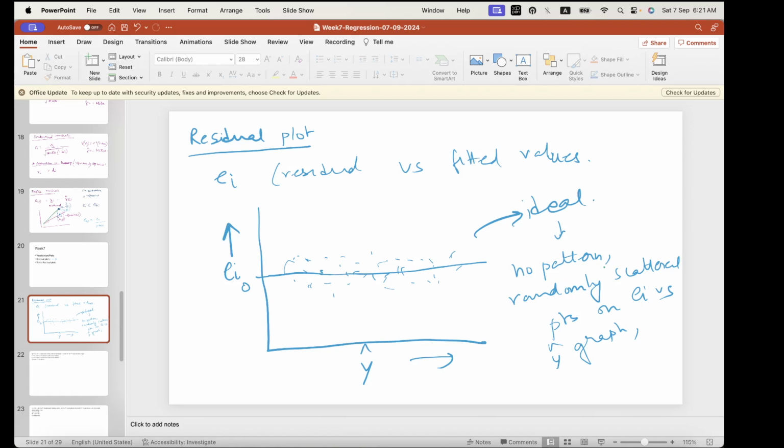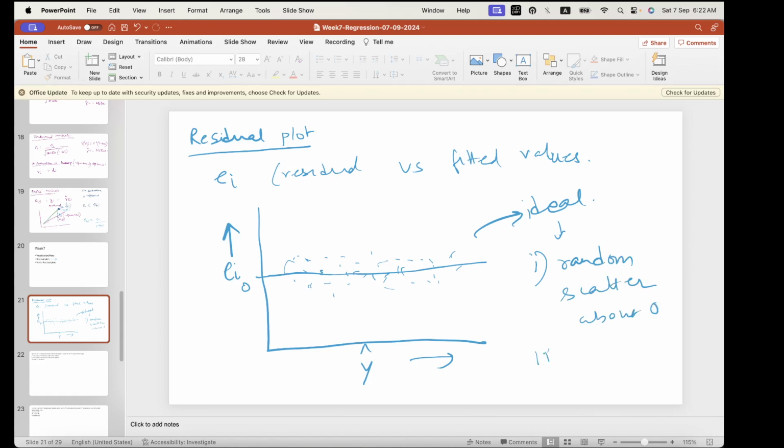Okay, in a residual plot we look for randomly scattered points about 0, that is, about the e_i equal to 0 line. So if we have something like this, we find number 1, random scatter about 0, and random scatter implies no pattern.